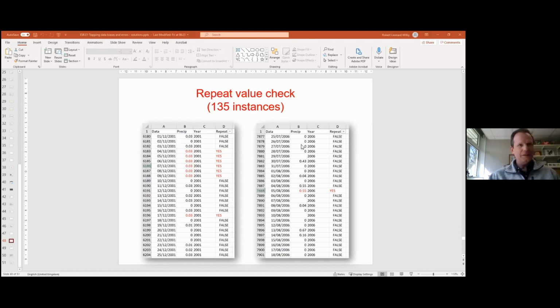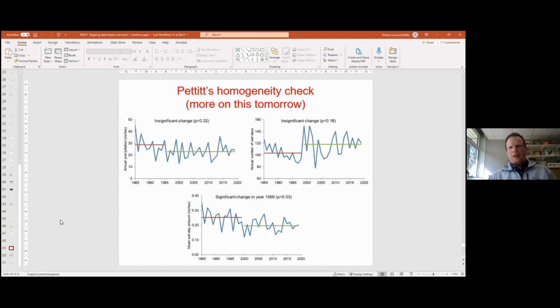All right, and then, although I haven't described the technique itself, I will be talking to the group tomorrow about Petit's test, which is a very simple test to undertake, using the ranking of data to look for breakpoints in time series, because if we see a breakpoint, that can indicate a change of the station, change of an instrument, change of an observer, or a change in something else to do with the site.